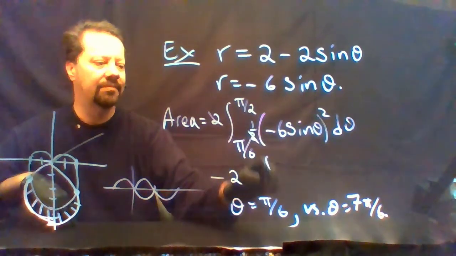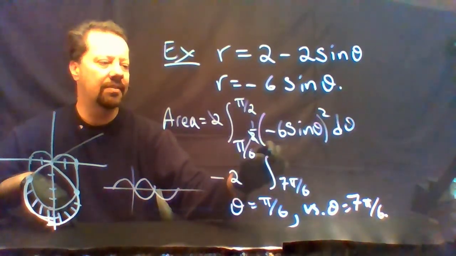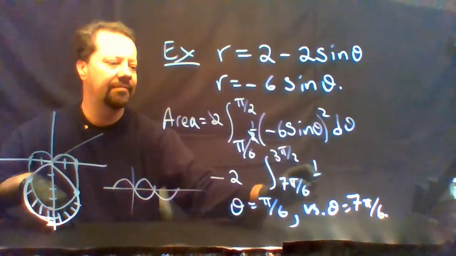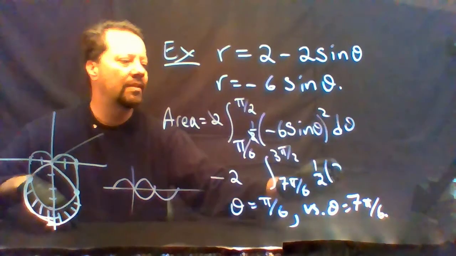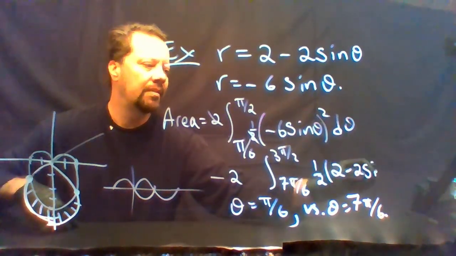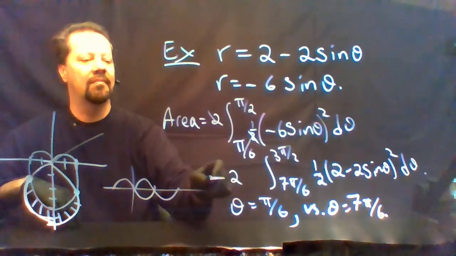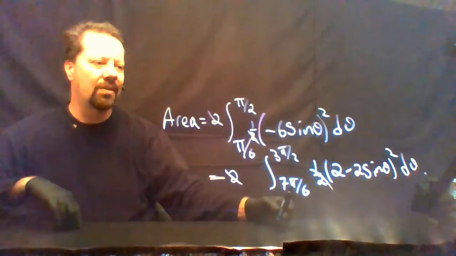That's going to cancel. On the second curve, we're going to go from 7 pi over 6 to 3 pi over 2, again yielding only half. That's why we have to multiply by 2. 2 minus 2 sine theta quantity squared d theta. We can see these 2's also cancel.